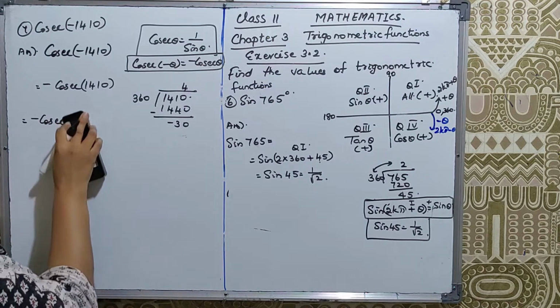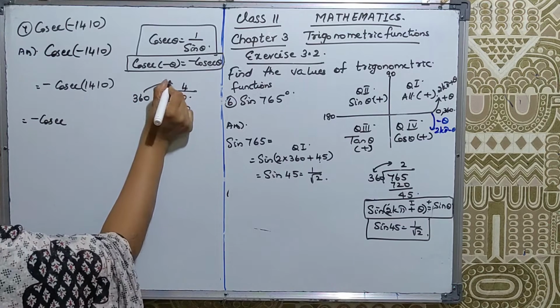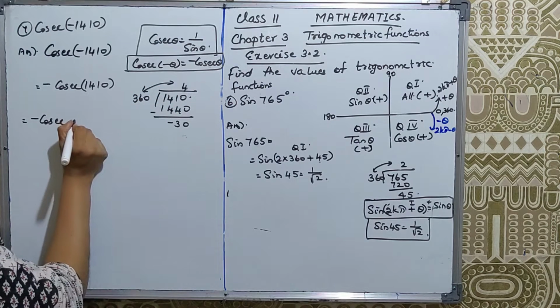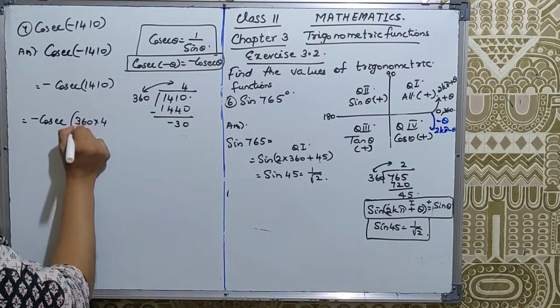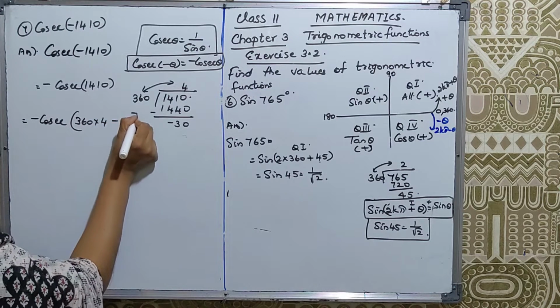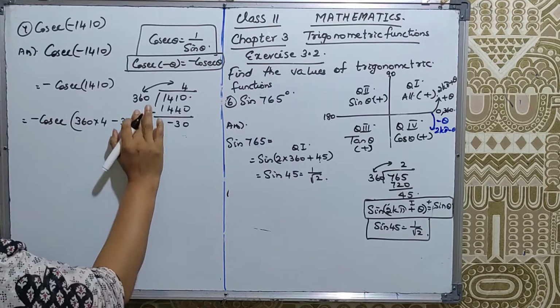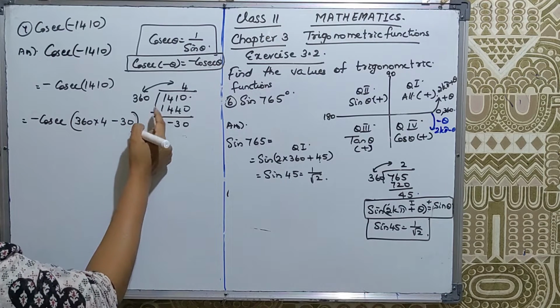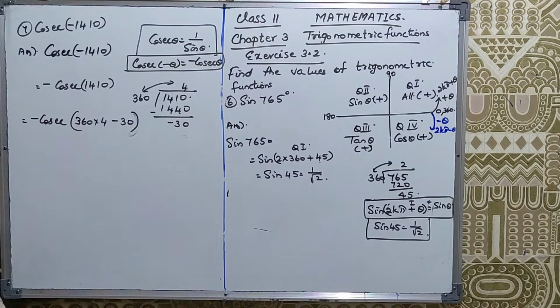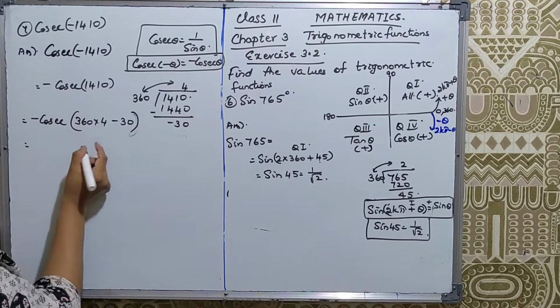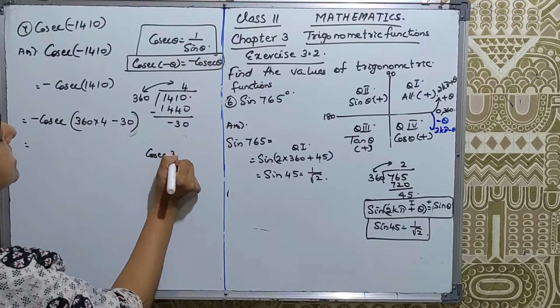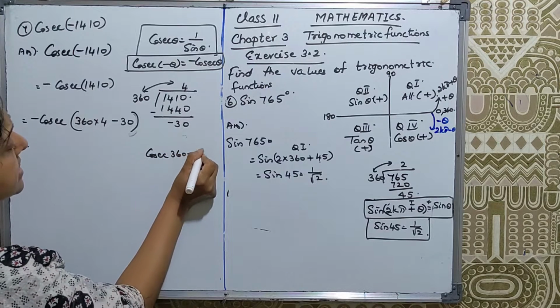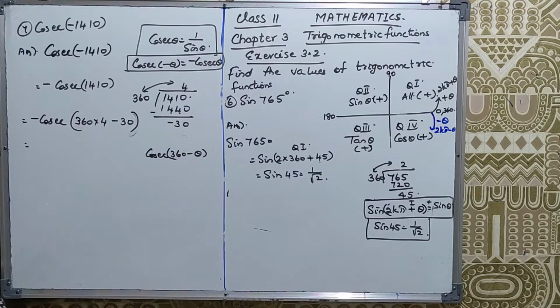So it will be equal to minus cosec 1410. I'll write it as 360 into 4, that means 1440, minus 30. So again, cosec of 360 minus theta belongs to the fourth quadrant.